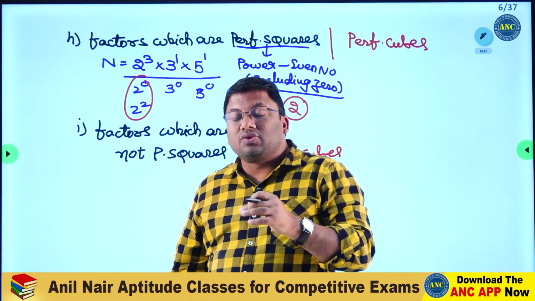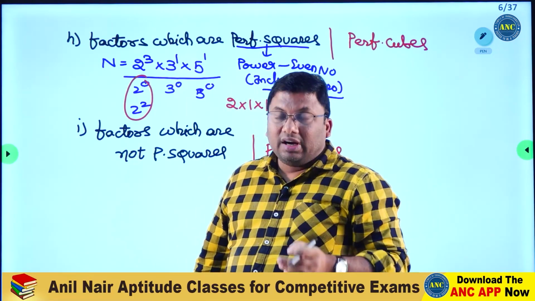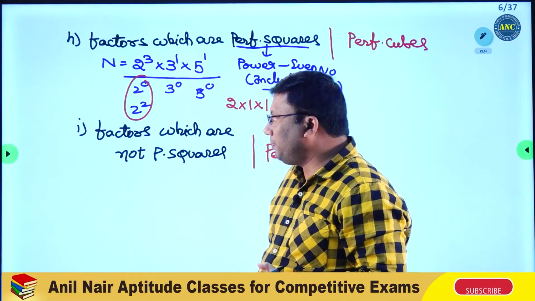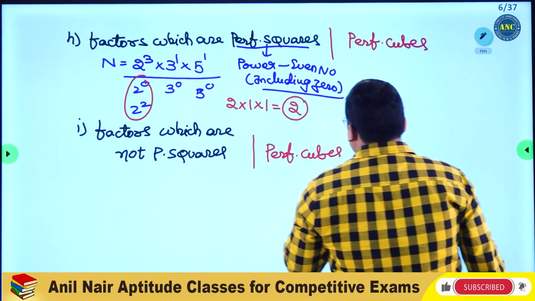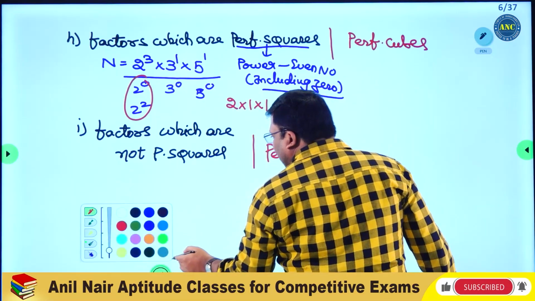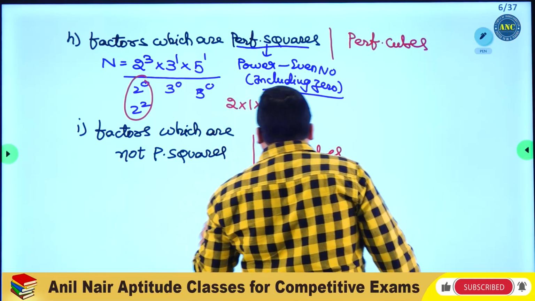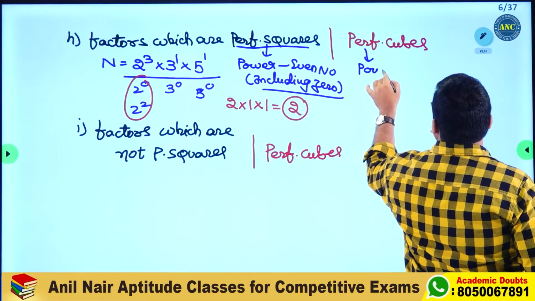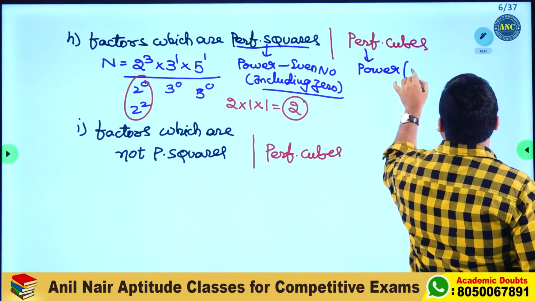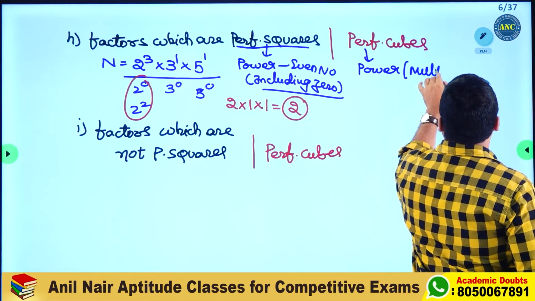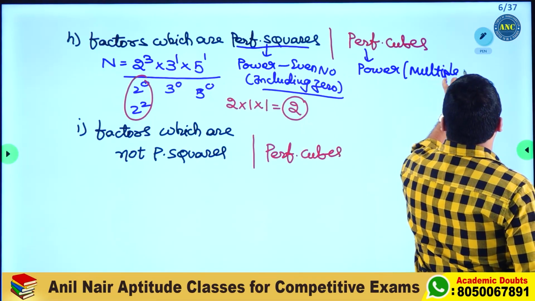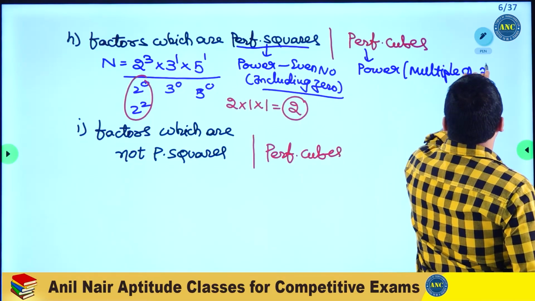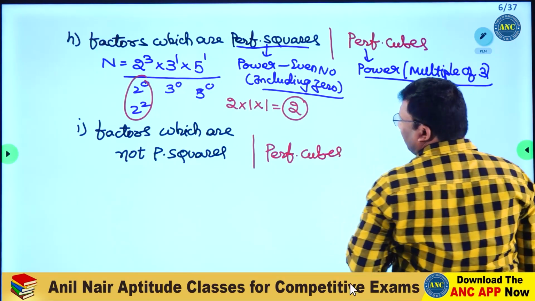Take the powers which are multiples of 2. Same concept here: how to find out the factors which are perfect cubes? The power should be a multiple of 3.